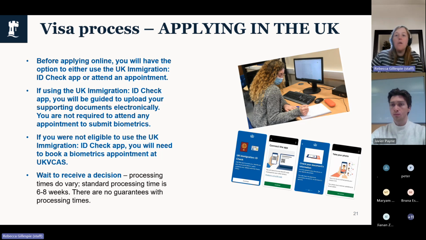If attending an appointment, there is a service point in Nottingham City Centre. The basic fee for the biometric appointment in Nottingham is £69.99. You may also wish to look at other locations for appointments, such as Birmingham, which sometimes has free appointments.